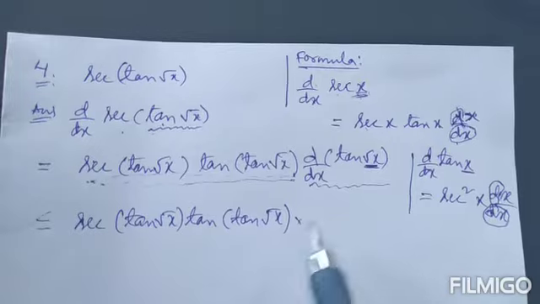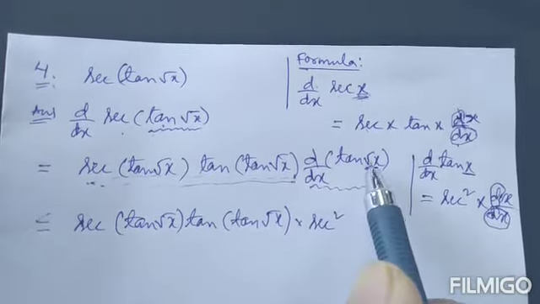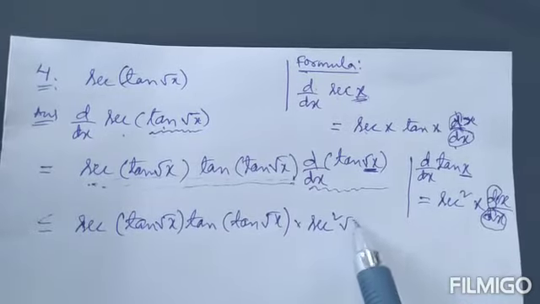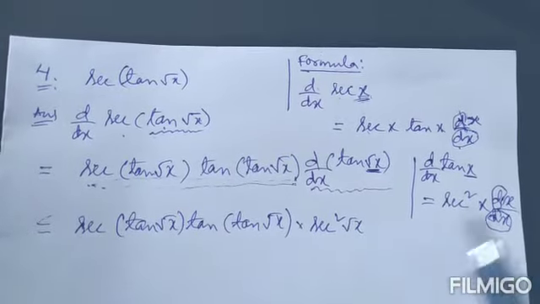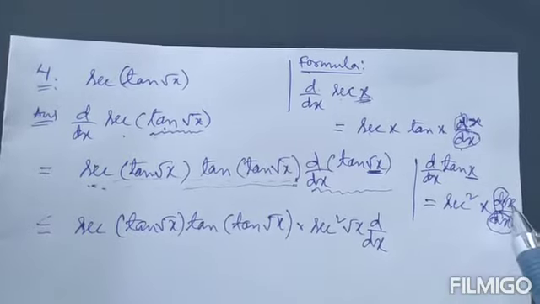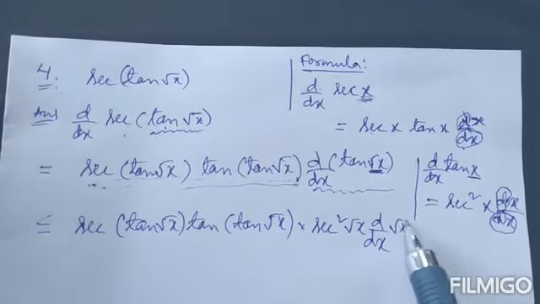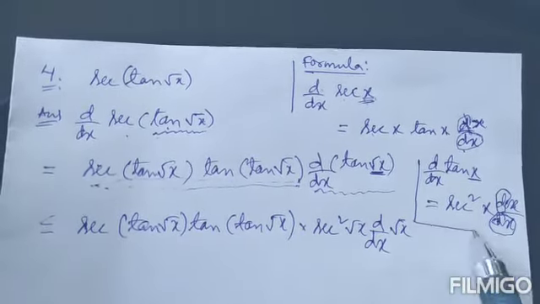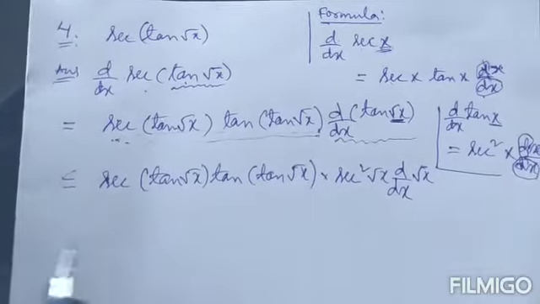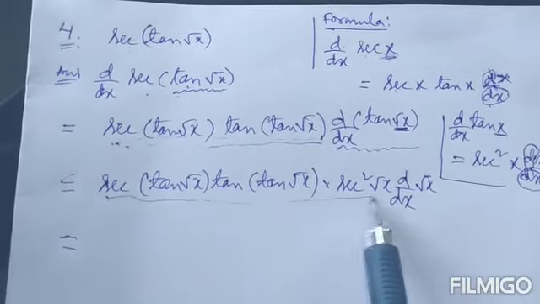So in the next line, I'll have sec square x, that means square root of x, and then d by dx remains the same, and then in place of this x again, we have square root of x. So in the next line, this term remains the same.